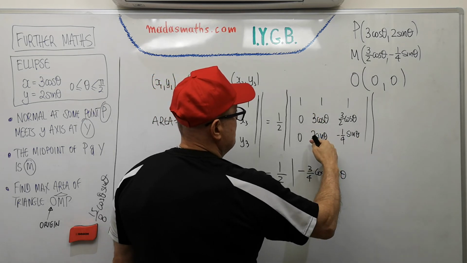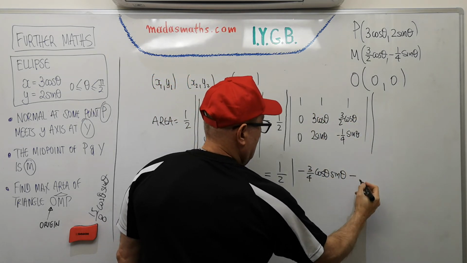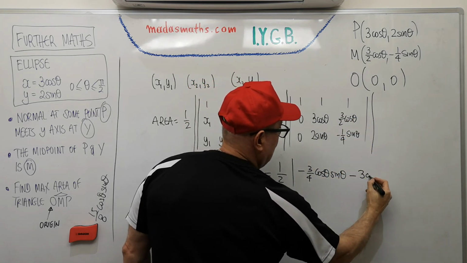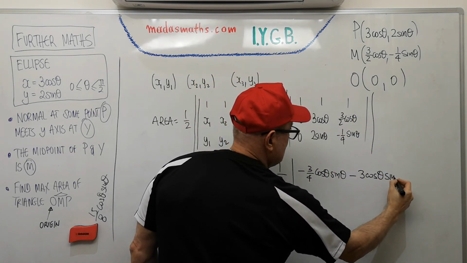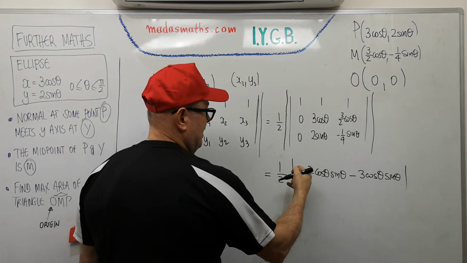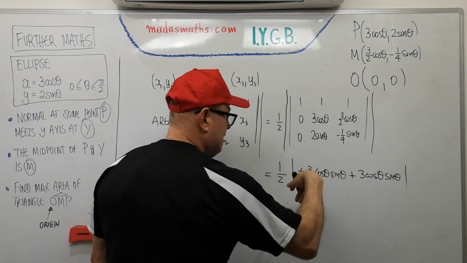Okay, that's that, minus 3 cos theta sine theta. Perhaps I should have written the points the other way around because I would have ignored the minuses. Okay, so that means the modulus will take care of the sign, so let's get rid of them.